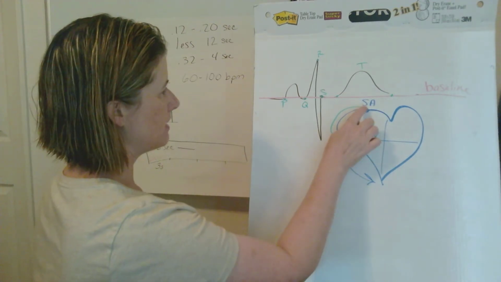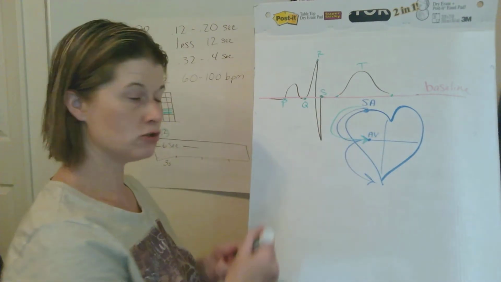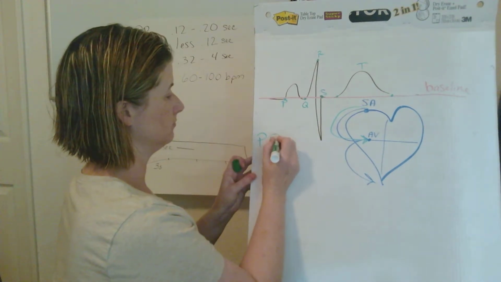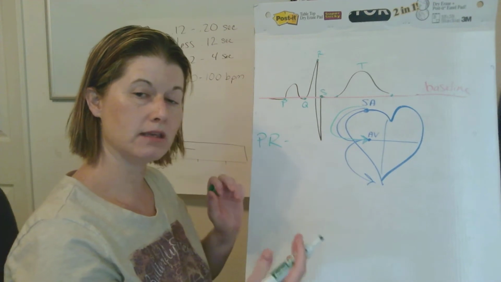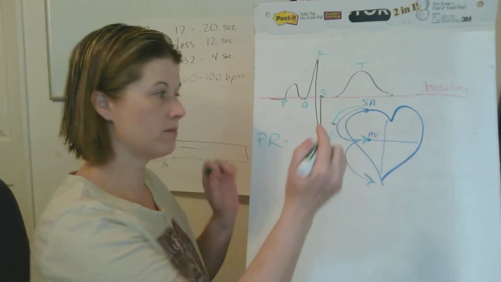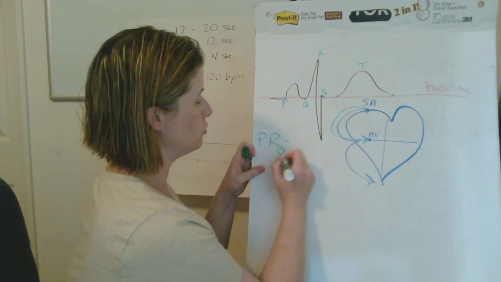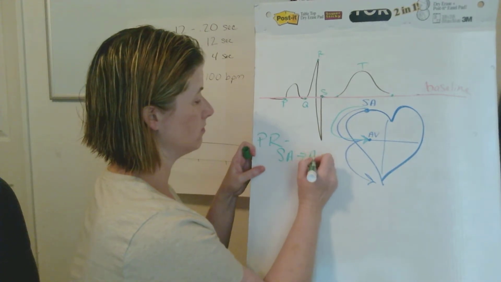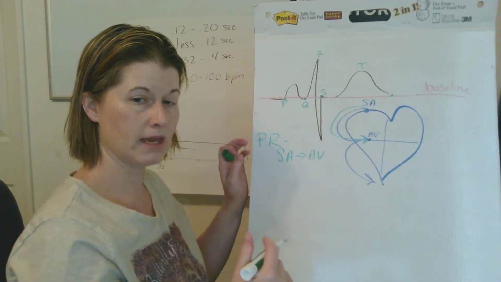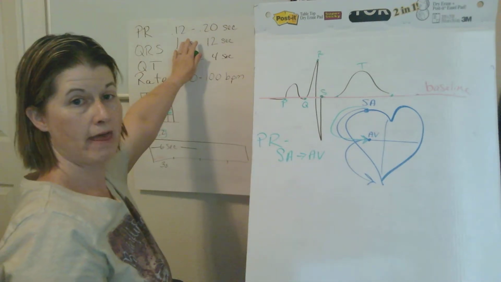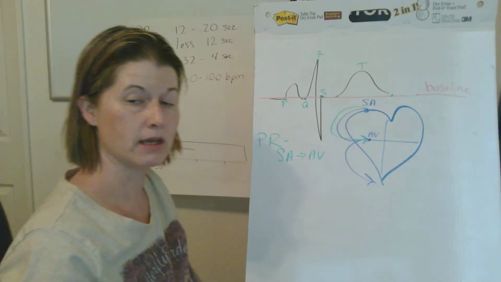So when we're looking at our PR interval, we are looking at how long it takes the electricity to travel from the SA node to the AV node through the muscle tissue, okay? And we know that it should take 0.12 to 0.20 seconds.